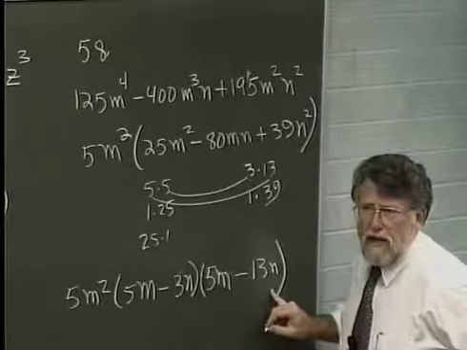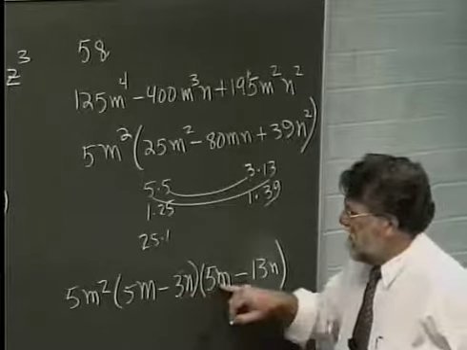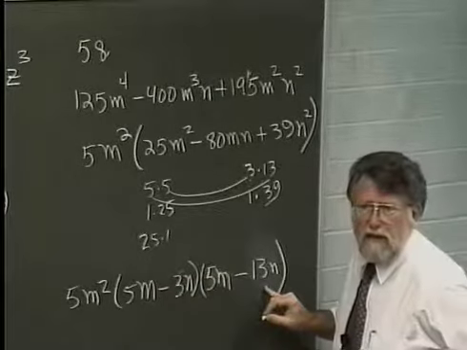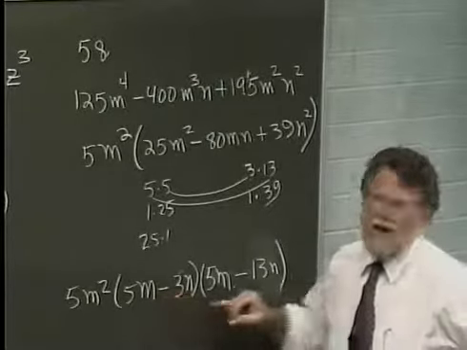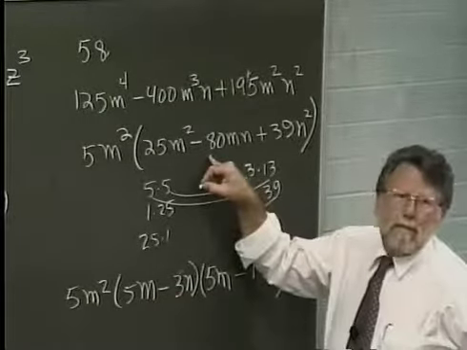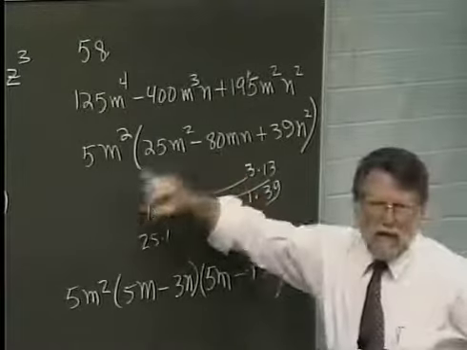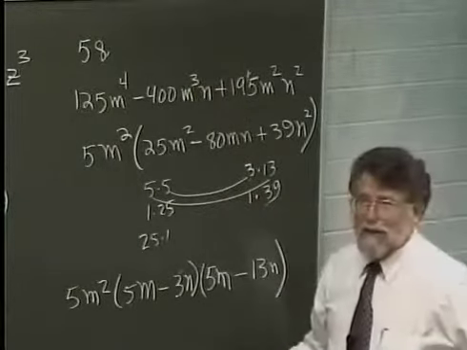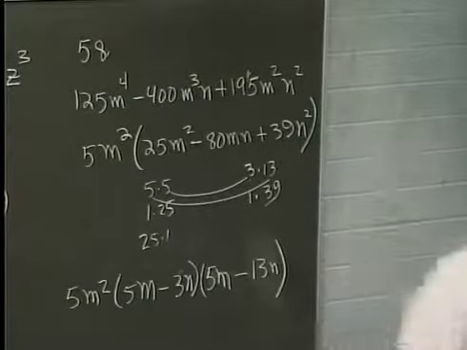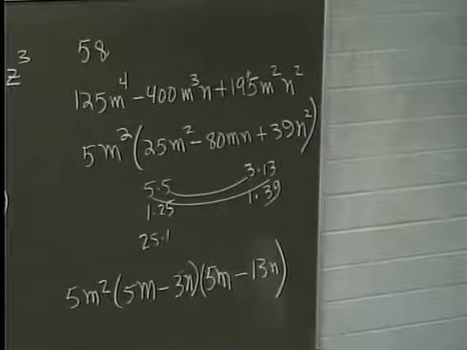I have 39n squared at the end, positive. I have a negative 15mn and a negative 65mn, and that's a negative 80mn. And I've got the trinomial, and if I multiply through by the 5m squared, I have the trinomial up there. That was good. That was nice. For homework.